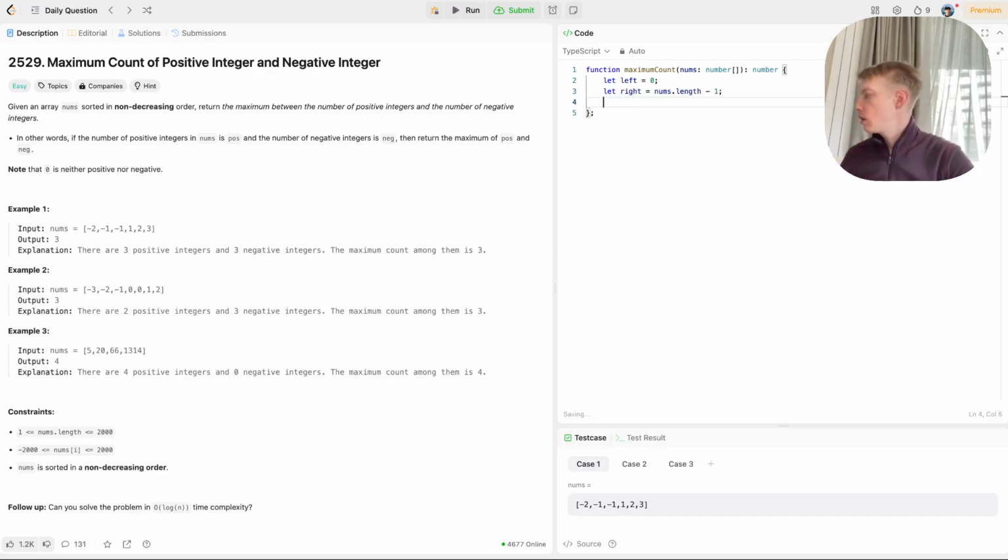After that, actually we need two binary searches, for example, for the first 0 and for the last 0. What can we do here?